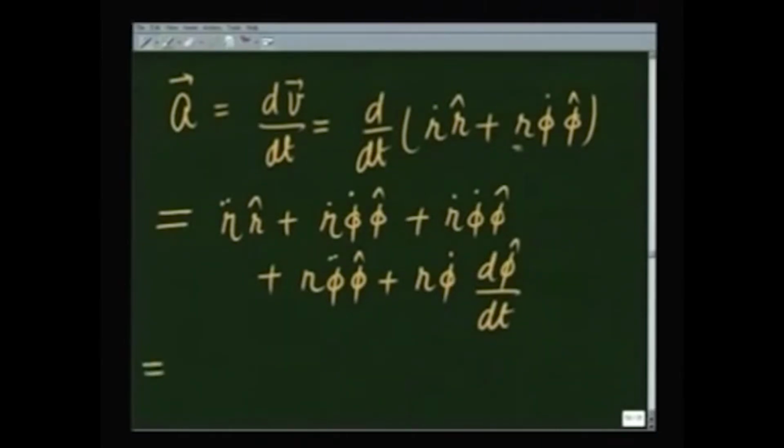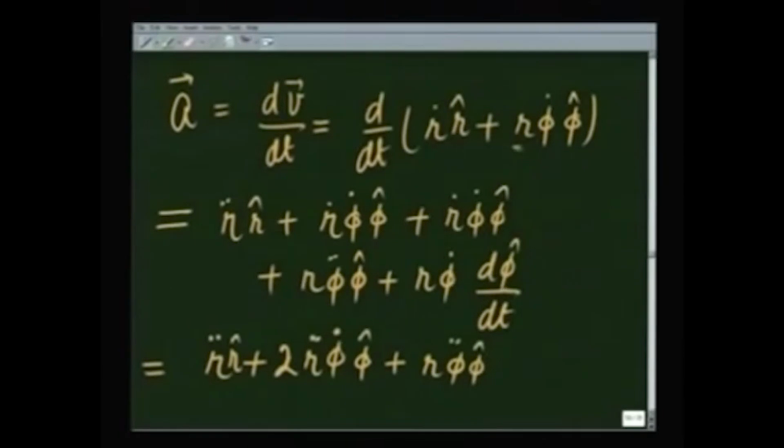Collecting all terms together, this comes out to be r double dot in r direction, plus 2 r dot phi dot in phi direction, plus r phi double dot in phi direction, and d phi/dt, recall, is minus phi dot r.